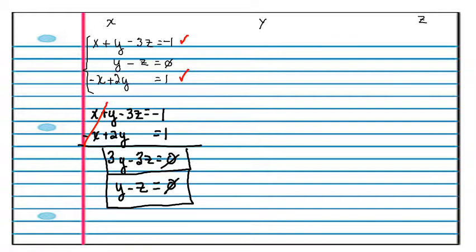And I notice what I want to do now is get rid of the y's. So what I need here is a negative 3 to cancel things out. So I go over to my y's here, my little y column, 3y minus a 3z equals 0. And I'm going to distribute this guy out to everybody.